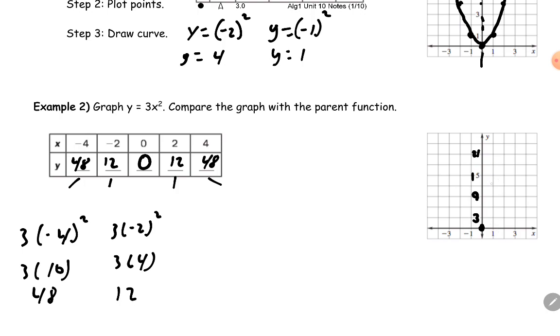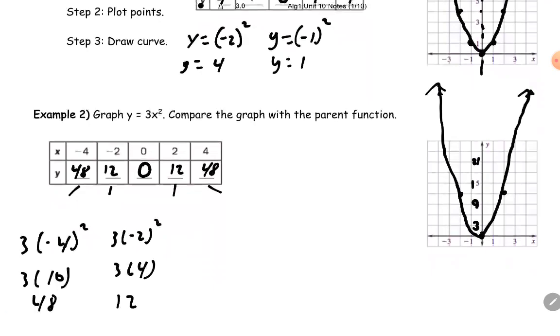So (2, 12), (4, 48), (-2, 12), (-4, 48). So this is just the same basic shape, just a U.